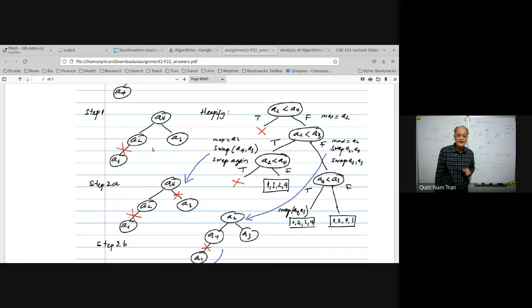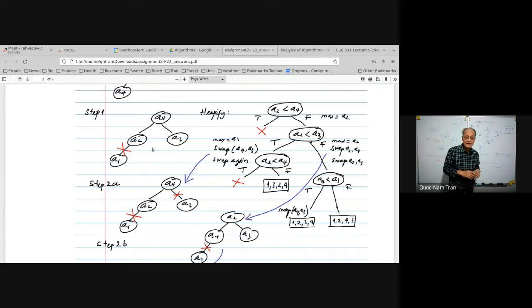For the false branch, it means that A2 is now the max value, right? So we want to find the max value. The next thing we would compare is A2 and A3, because the current max value is A2, right?